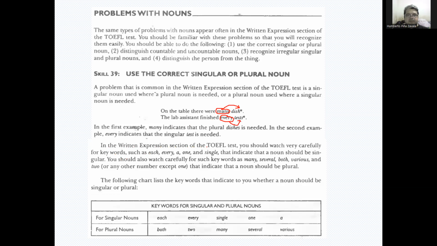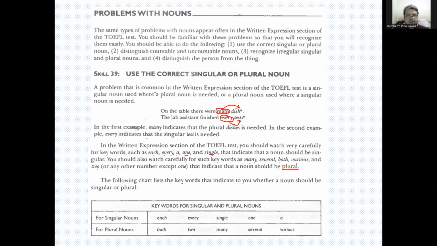In the written expression section of the TOEFL test, you should watch very carefully for keywords such as each, every, a, one, and single, that indicate that a noun should be singular. You should also watch carefully for such keywords as many, several, both, various, and two, or any other number except one, that indicate that a noun should be plural.